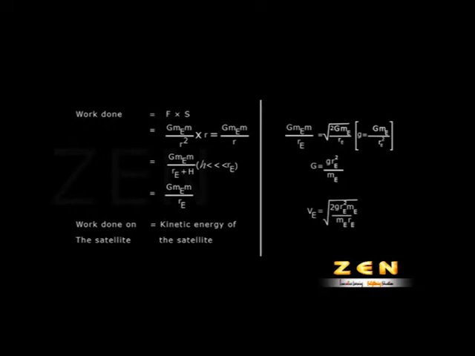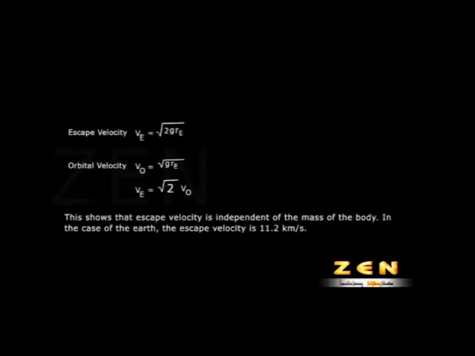The escape velocity v_E is therefore given by half m v_E square equals G M_e m by R. Therefore, v_E is equal to square root of 2 G M_e by R, which is square root of 2Rg.